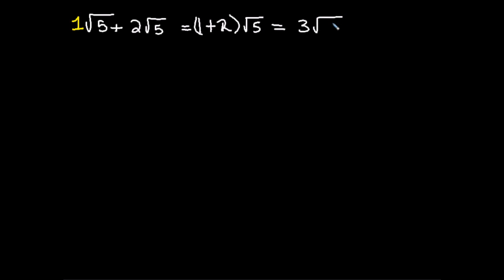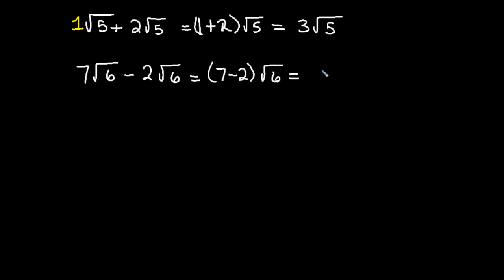So I get 3 times the square root of 5. If I'm subtracting, I subtract the coefficients, and so 7 minus 2 is 5 times the square root of 6.